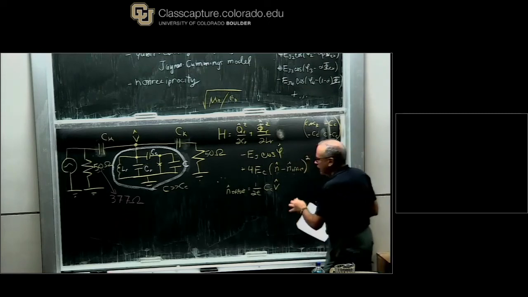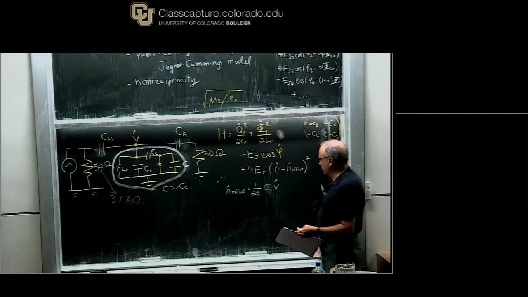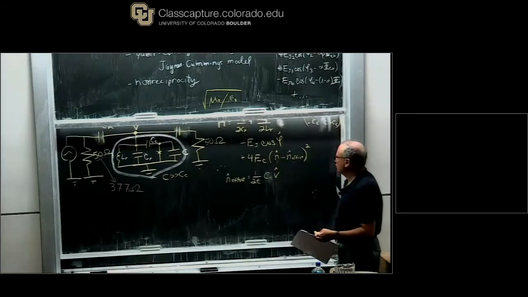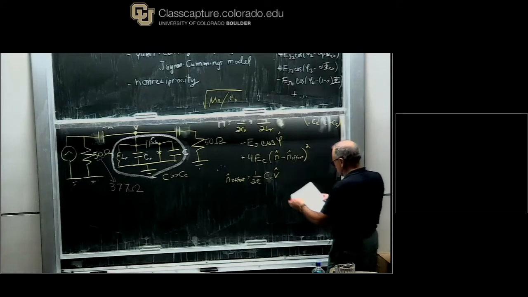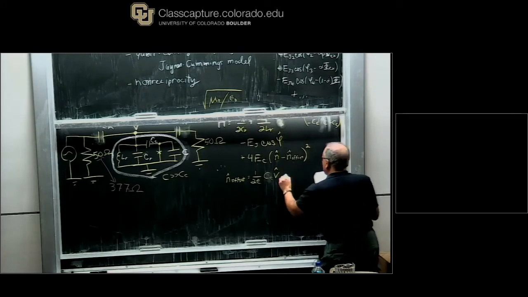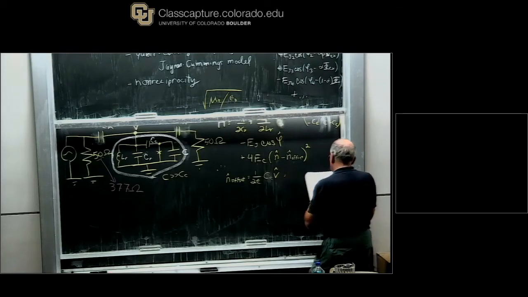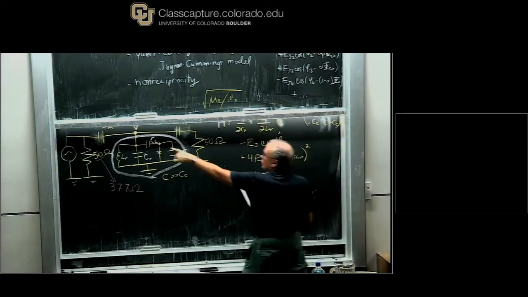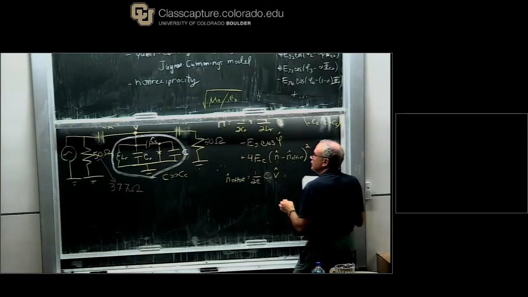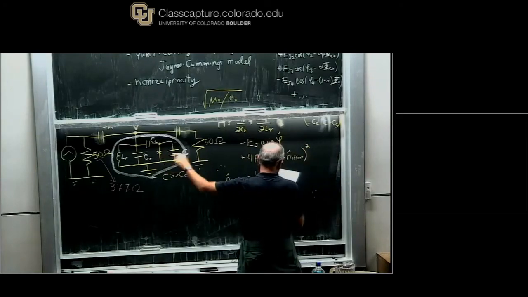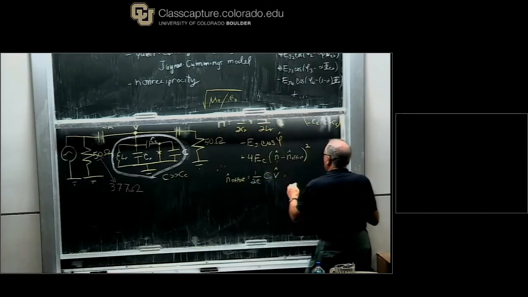Okay, back to my more prosaic derivation. So I claim that this n offset should be thought of as this quantity, and then I have to relate this voltage to the charge operator here.